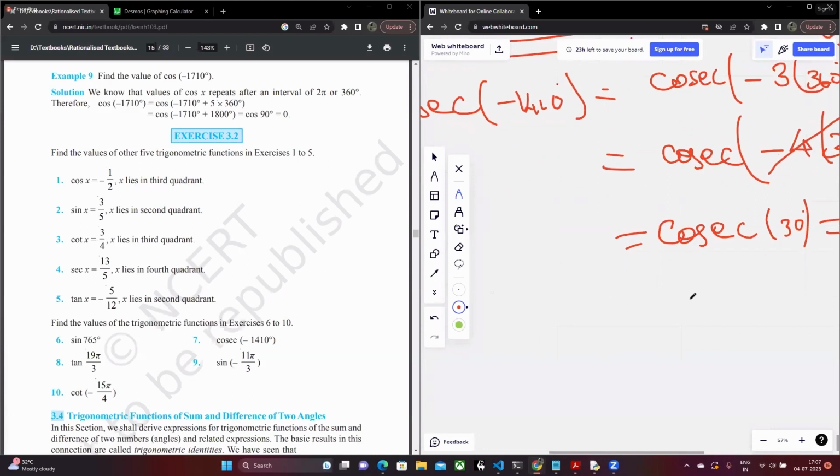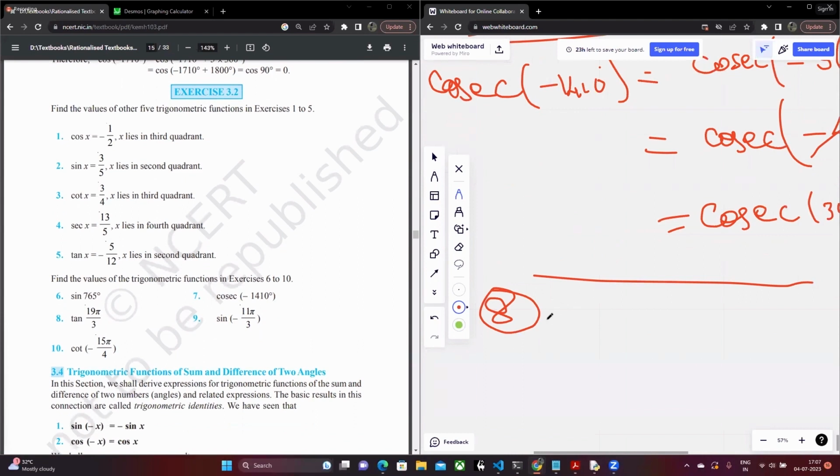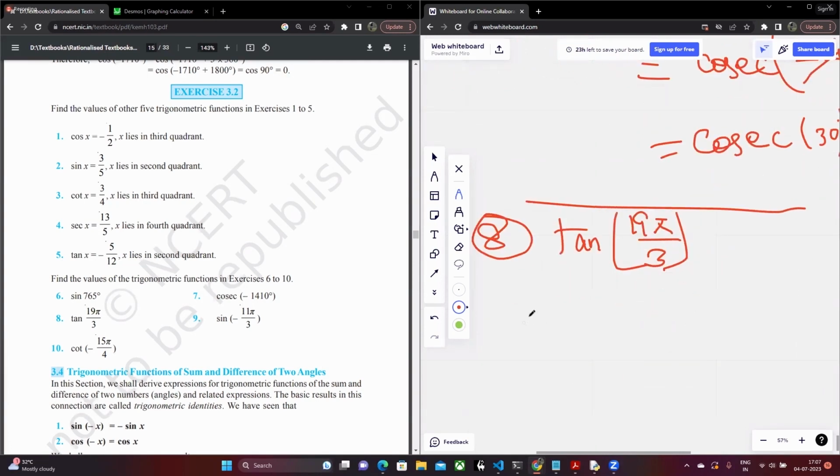Question number 8. Tan of 19 pi by 3. Right, we've just done a similar sum, but that was a sine of 17 pi by 4. Right. Tan of 19 pi by 3. This is basically, I can write this as tan of, 3 sixes are 18, right? So that is 6 pi plus pi by 3.